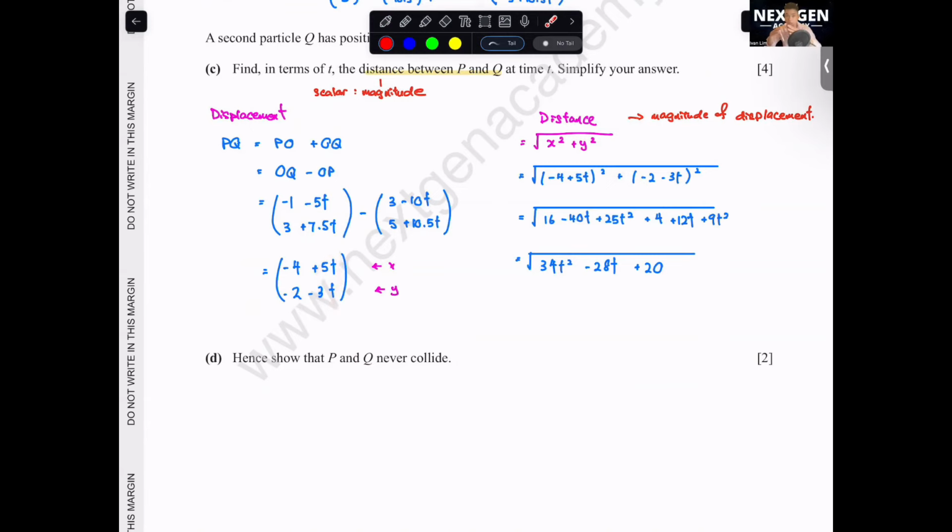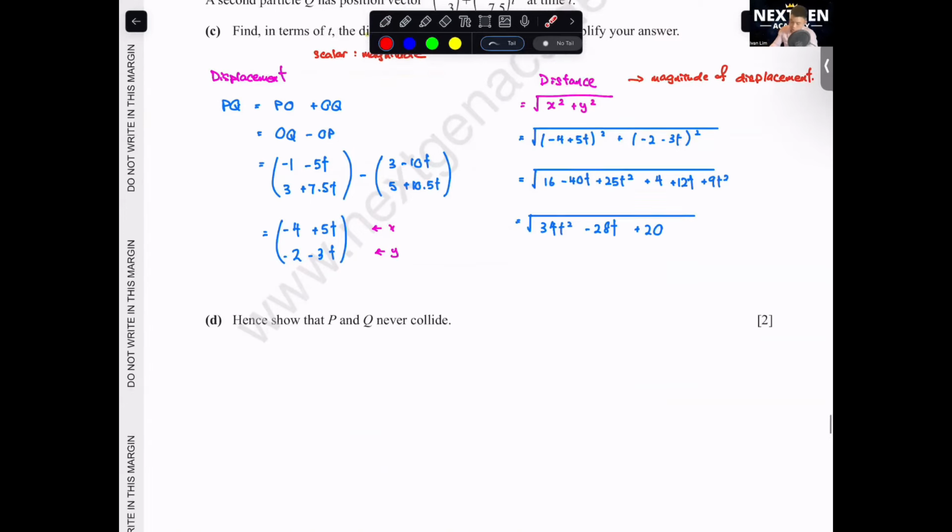Normally, when we want to find a point of intersection, if you think back to this type of velocity vector question, when they ask where ship A and ship B meet, or where particle P and particle Q meet, it is when they have a common t. The t will be equal. That's where they meet. So now we want to prove that there's no t that satisfies this entire equation.